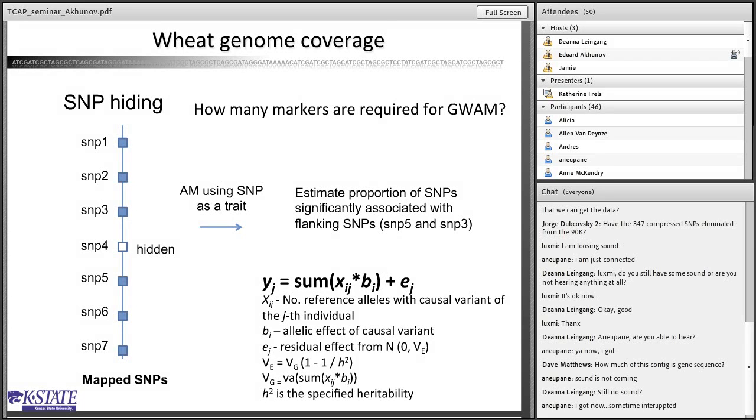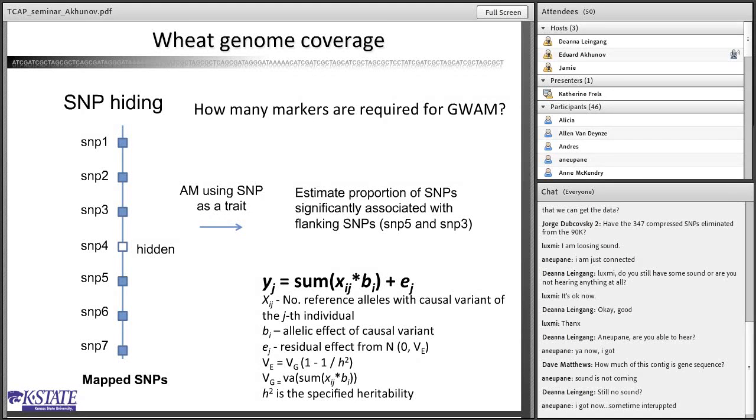One way of assessing the coverage of your association mapping panel is to perform a so-called SNP hiding simulation experiment, where you are taking SNPs from your association mapping panel and using the SNP data for simulating the phenotypes.